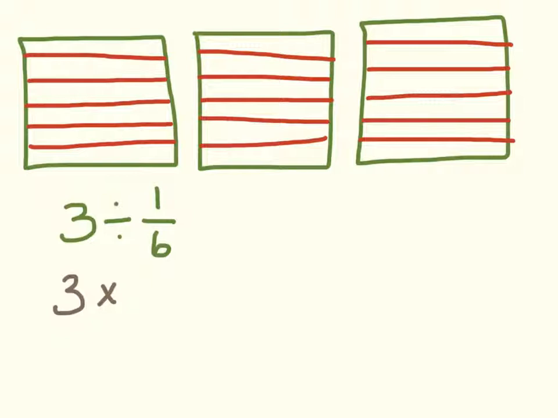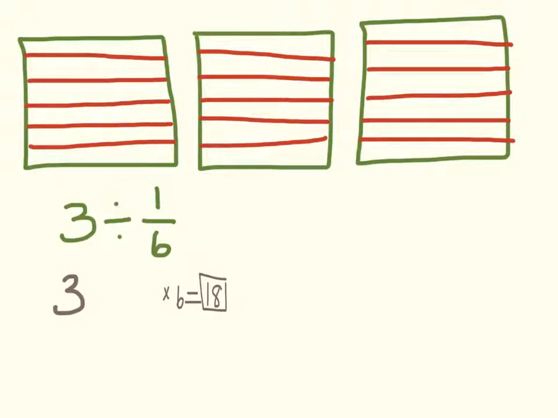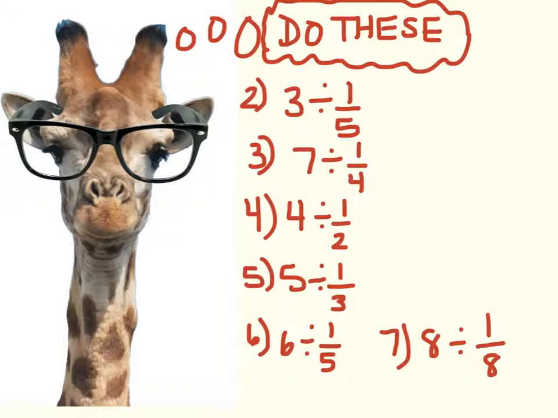Then our 1/6 goes through the reciprocal machine and becomes 6, giving us a final answer of 18 pieces. 3 divided by 1/6 means the same thing as 3 times 6, because multiplying a number by its reciprocal is the same as dividing it by that number. And thus 3 divided by 1/6 can be solved by taking 3 times 6 to get our final answer, which is 18.